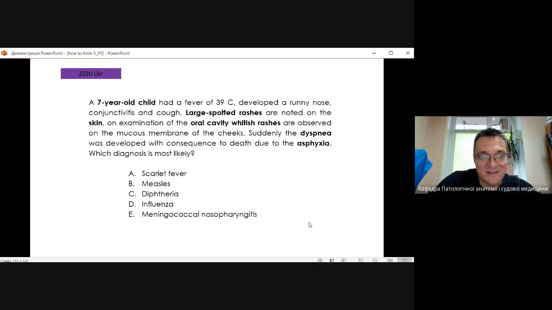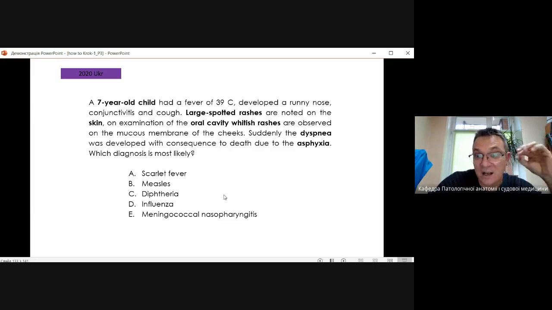Who remembers what is the name of this oral cavity whitish rashes? Don't remember? Okay, that's kind of like a plaque, but there is a specific name for this, the so-called enanthema. The rash on the mucosa, we call it enanthema.